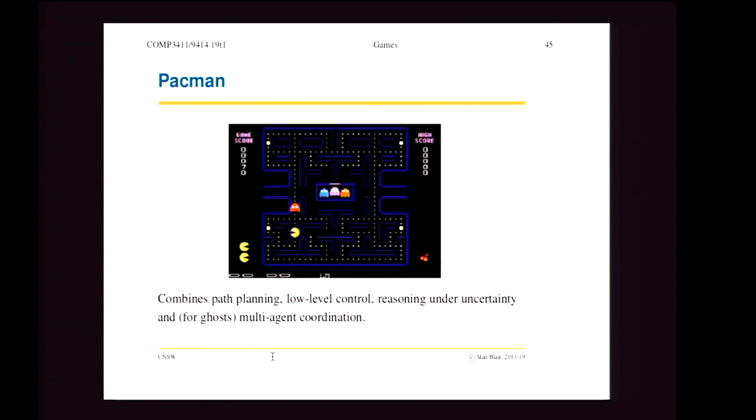When you get to a certain situation, you randomly decide to go this way or that way. And there's a Pac-Man competition where you control Pac-Man, and then there's another Pac-Man competition where you have to control the ghosts. You have to write algorithms to control the ghosts, so that involves multi-agent coordination.